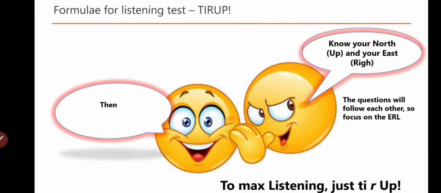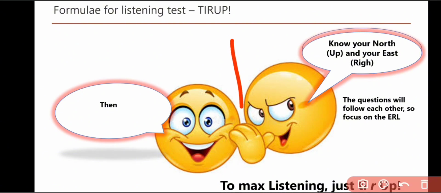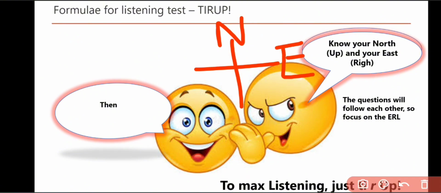Secondly, it's very important that you know your map, you know your compass. I'm talking about your compass, where up is the north and your right is your east. We usually confuse between right and left.